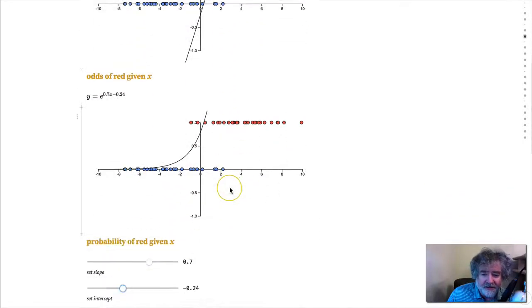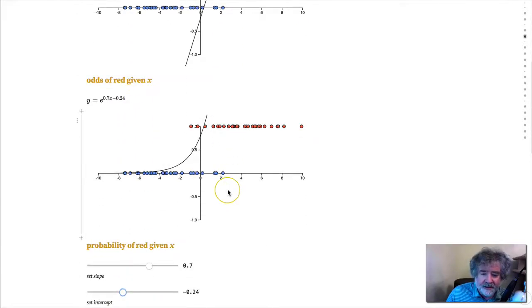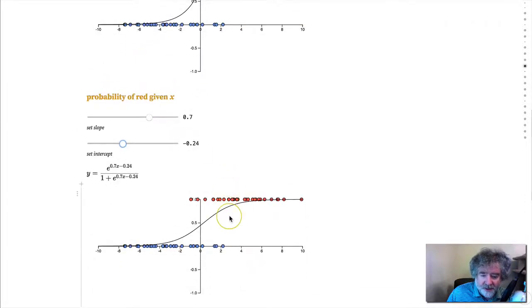Okay? So that's the relationship between logistic regression and regular old linear regression. Okay, I think that's it. And so again, we'll talk next about how we can measure how close these points are to this curve.